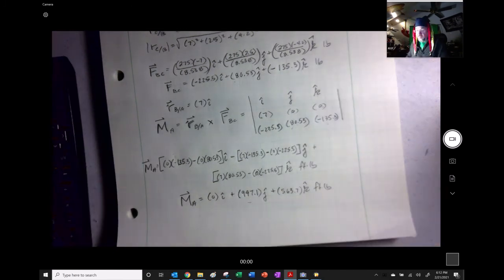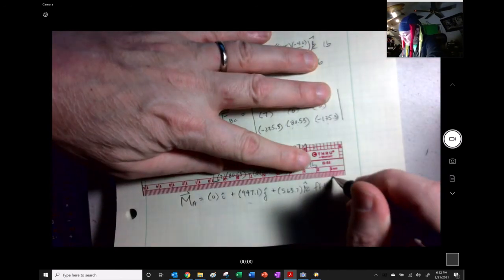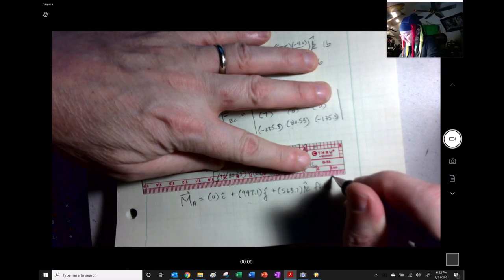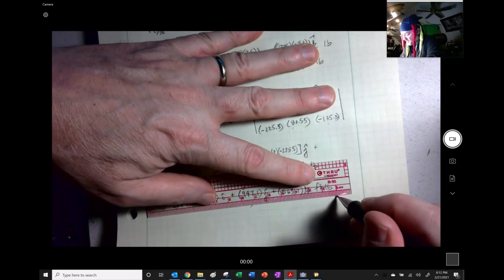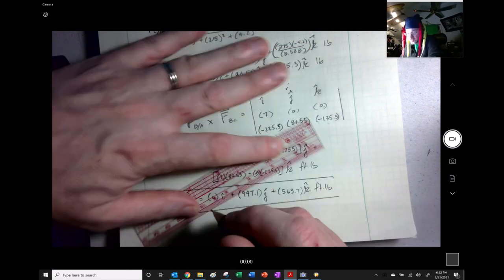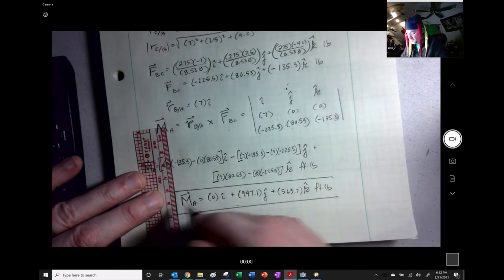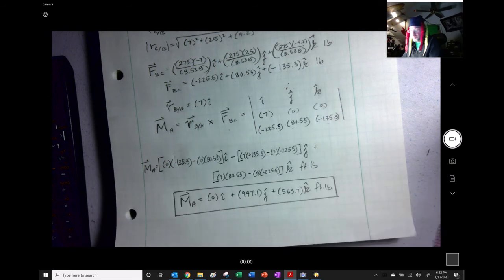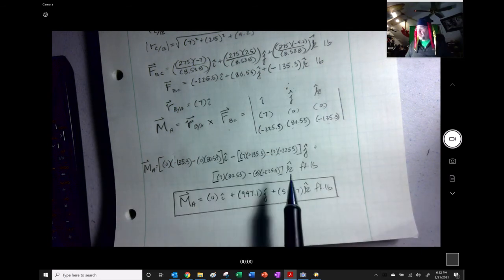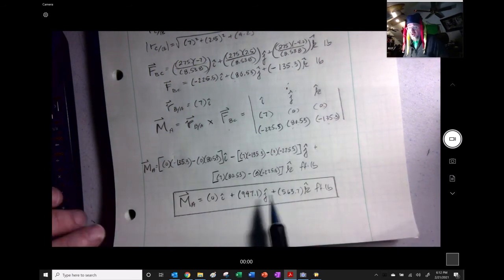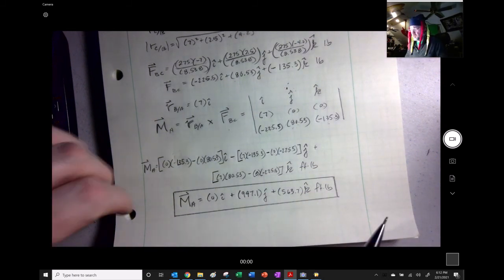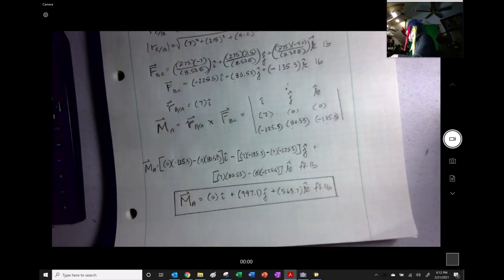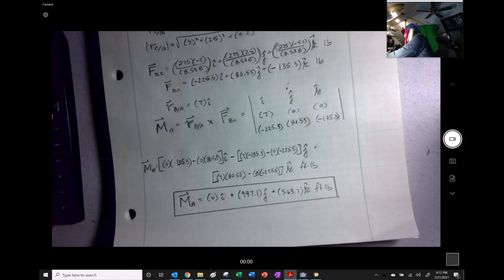foot-pounds. Now, here is the answer to the thing, but we should reflect on what this actually means, like what we've actually learned from this right here. What's the physical meaning that's taking place in this? Another way to do it is to go back to the free body diagram that we had before. So I have some scrap paper lying over here somewhere.